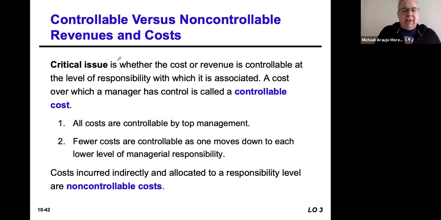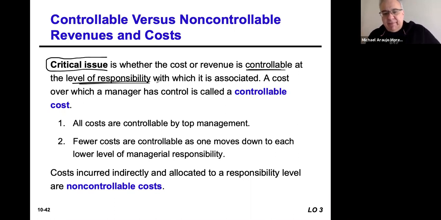So one of the things to keep in mind in all of this with responsibility accounting is what's controllable at what level of responsibility. What's controllable in terms of costs or revenue at what level of responsibility. Okay. So that's important. So, of course, clearly all the costs are controllable by the top managers of an organization because clearly whatever they say is going to go.